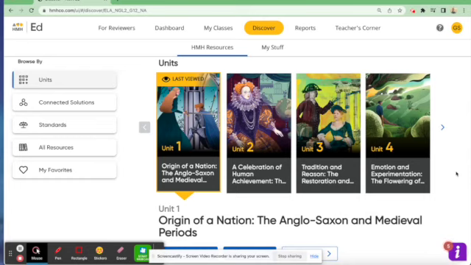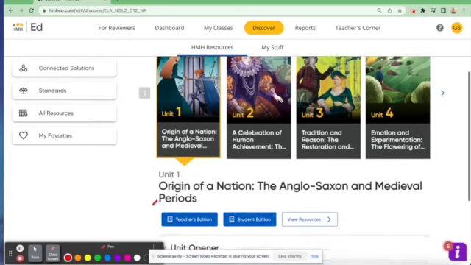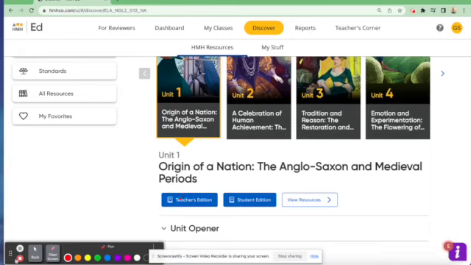So, first, let's just go to the Teacher's Edition and look at an interactive unit planning guide. I want to highlight two things from here that will help with each lesson: looking at the specific skills that you're going to be teaching.